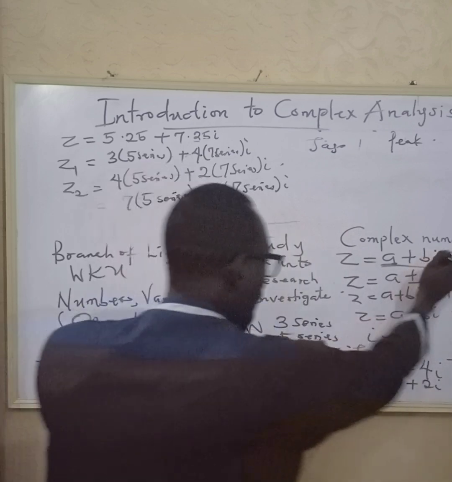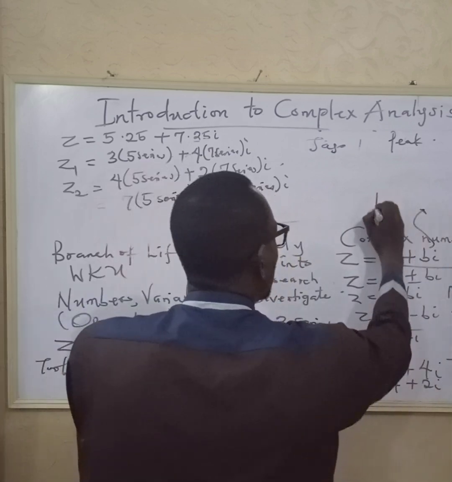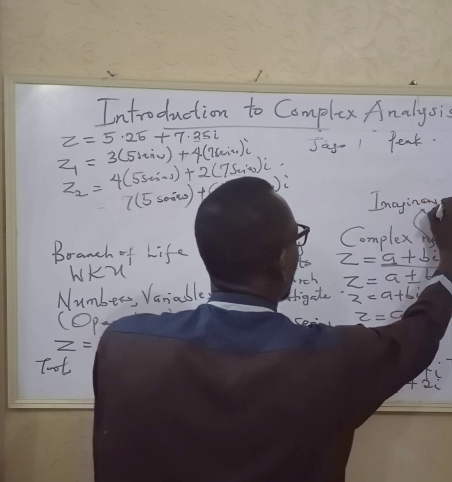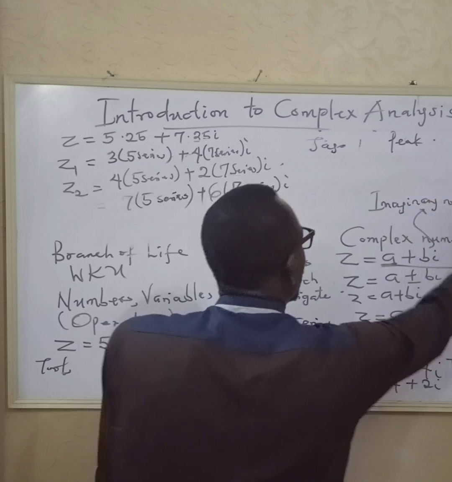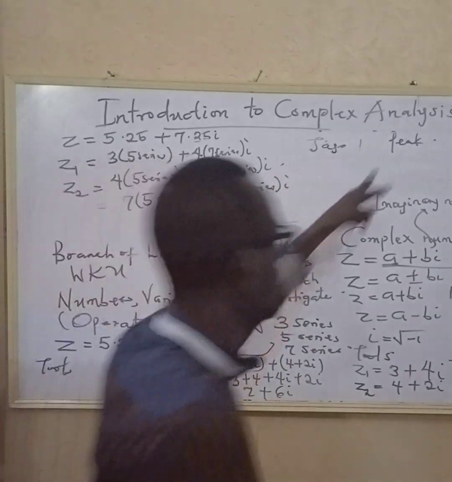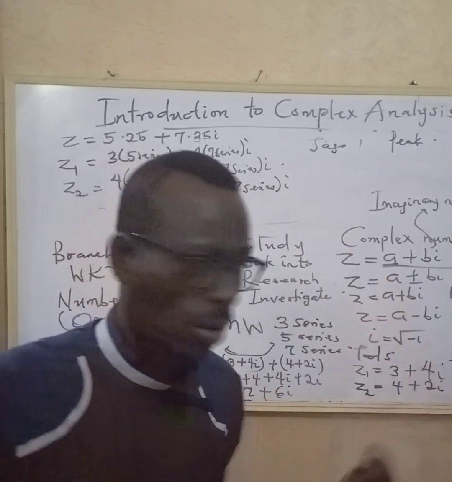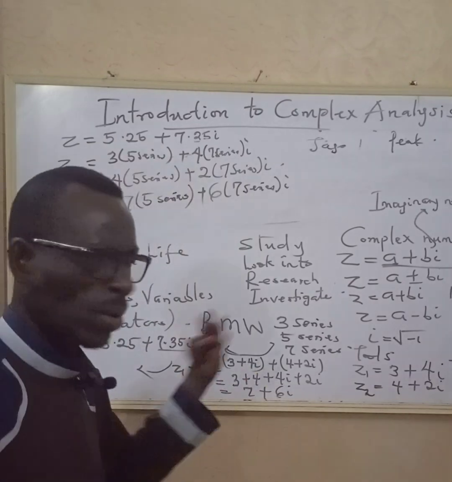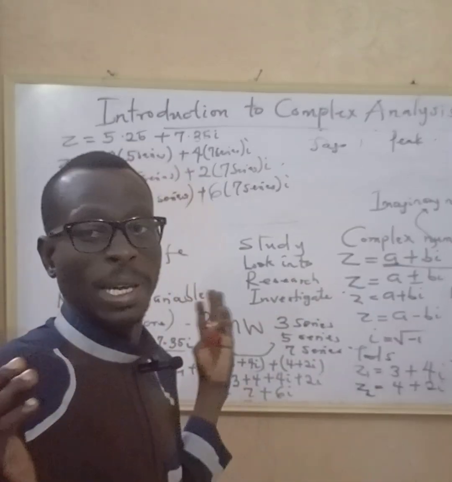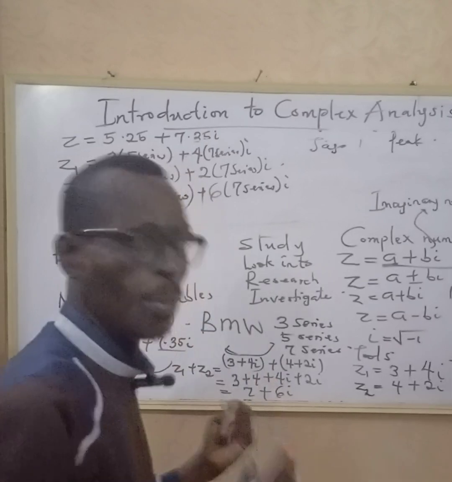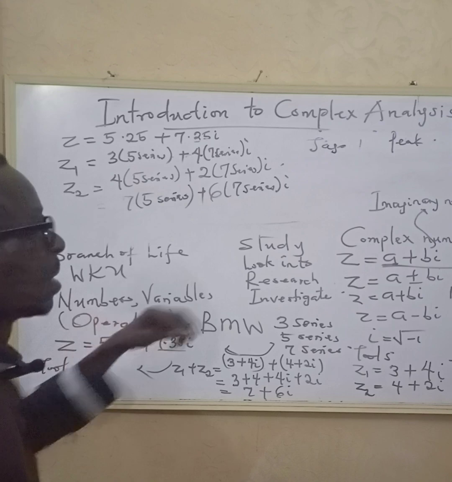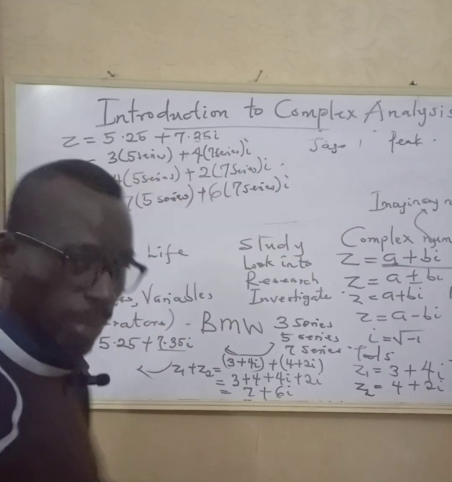The one that carries i is called the imaginary number. This is Jago. This is Peak. For those who have a store, by the time you begin to sort the cartons, Jago is separated from the Peak. Both are the same milk, but different companies. So we can just use the same concrete analysis to sort that out by sorting.